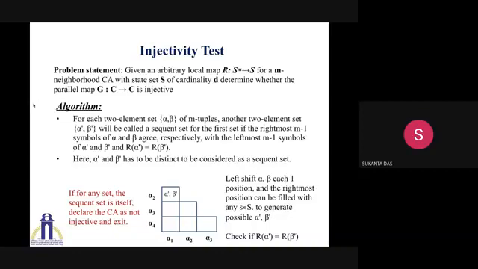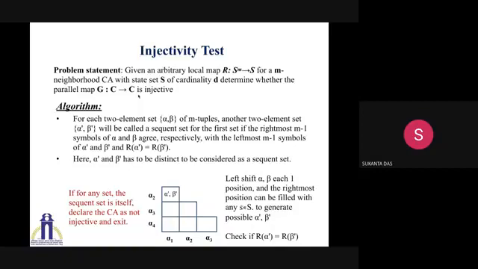So that box I am referring to. Against alpha beta, I can get a box. For this one, I can get another two-element set alpha dash beta dash, and that alpha dash beta dash is called the sequence set.